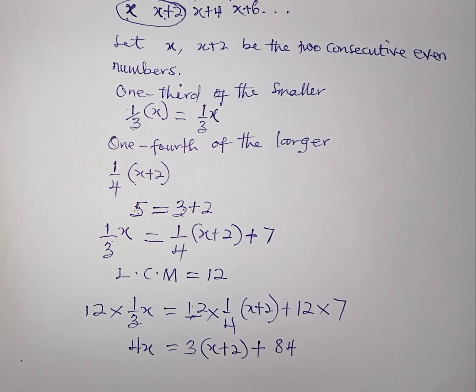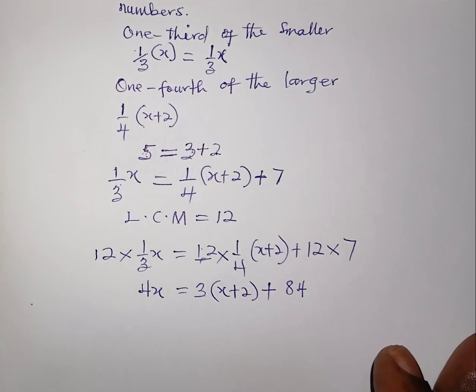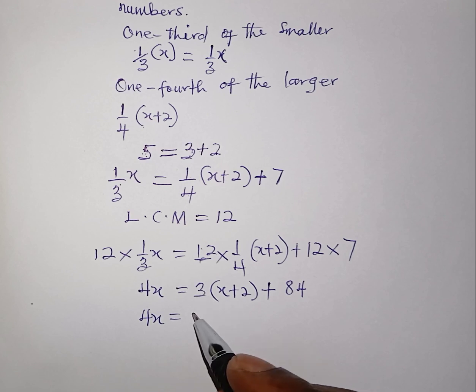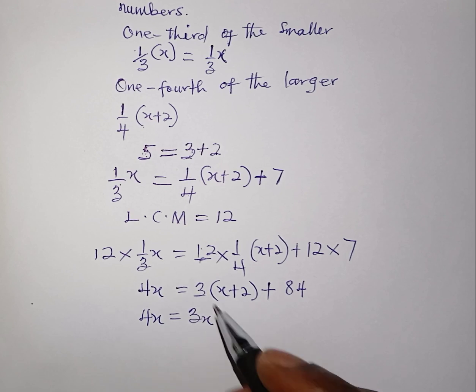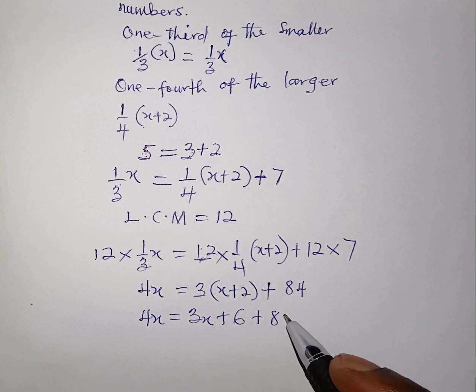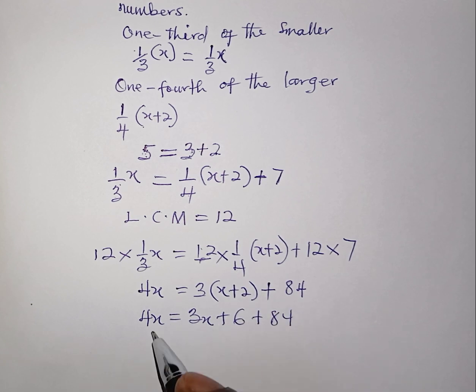84. So once we have this, let's open the bracket. We have 4x is equal to 3 times x, which gives 3x, and 3 times 2 gives 6, plus 84. Now we can group like terms.